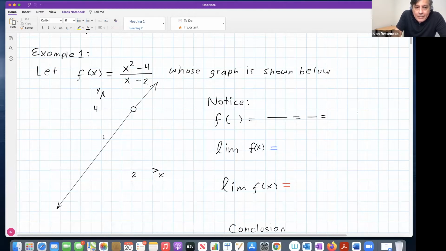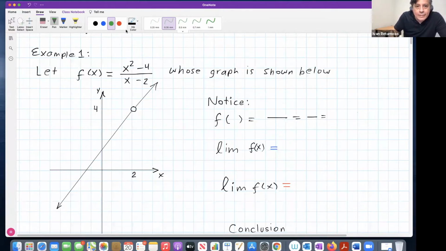The reason it shows a line is because of this. We're going to write it on the side here, okay? We're going to use this later. On the side, notice this guy, when simplified using factorization, which is something that we will see in detail later.